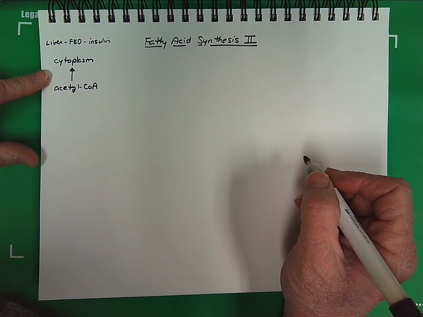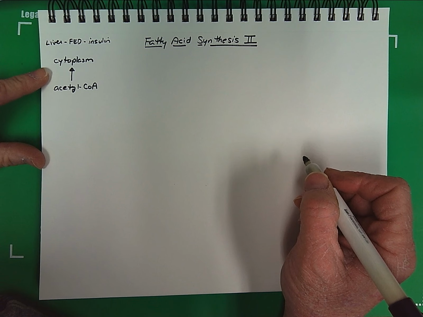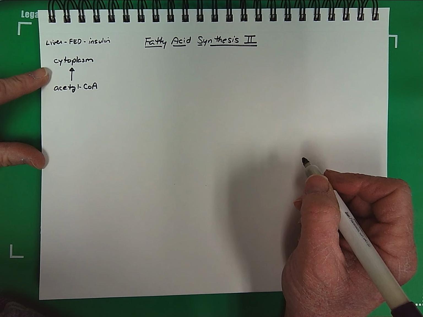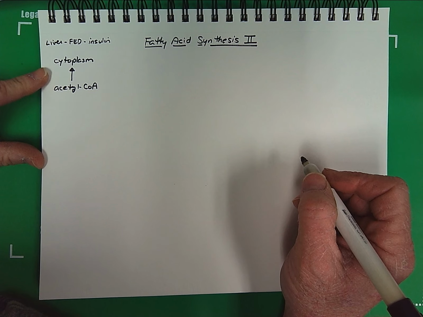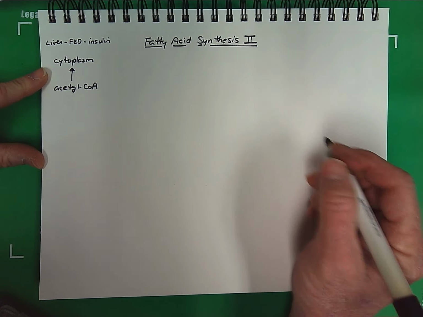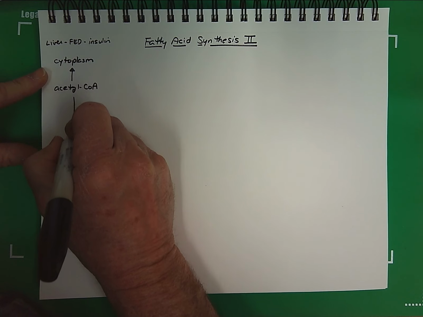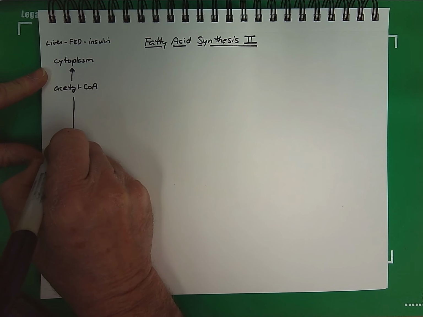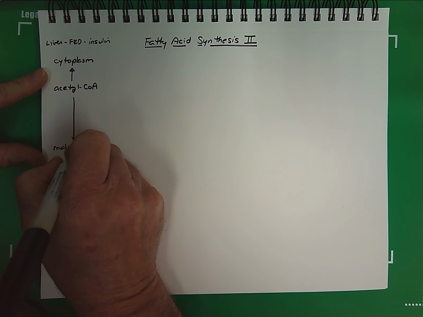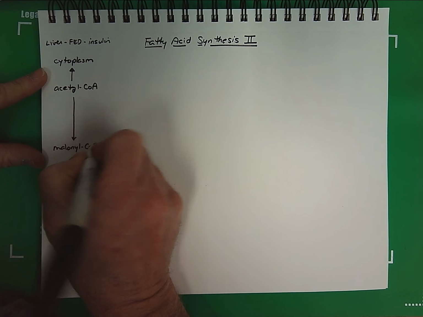Now once we have the acetyl-CoA in the cytoplasm, we need to convert it into the next substrate needed for fatty acid synthesis, and that is converting acetyl-CoA into malonyl-CoA.